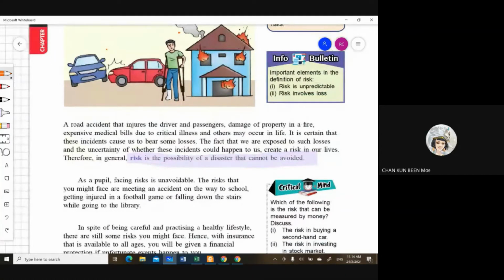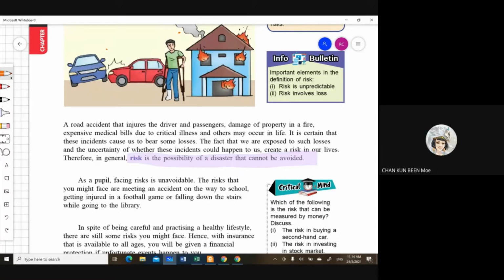A road accident that injures the driver and passengers, damage of property in a fire, expensive medical bills due to critical illness, and others may occur in life. It is certain that this incident causes us to bear some losses. The fact that we are exposed to such losses, and the uncertainty of whether these incidents could happen to us, create a risk in our life.